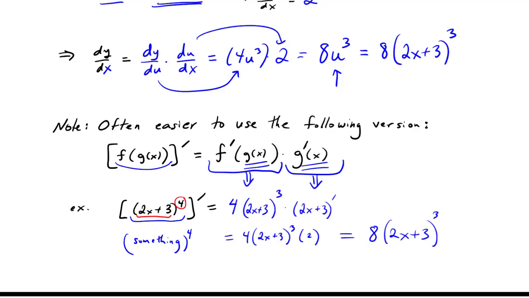So then basically I do a power rule and I say the 4 comes out in front and then decrease the 4 to a 3. And that's how I get this part here. But then I have to go inside and take care of the something that I was holding on to. And that's where I take the derivative of that. And that's how I get the 2 factor as the chain rule factor there. And then I end up with my answer after I simplify.